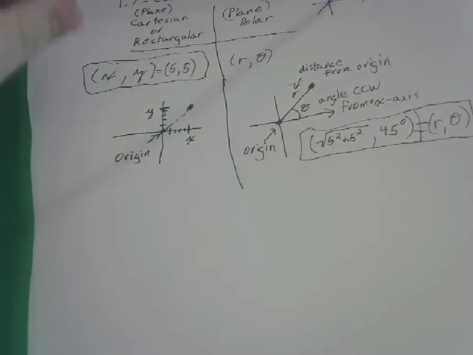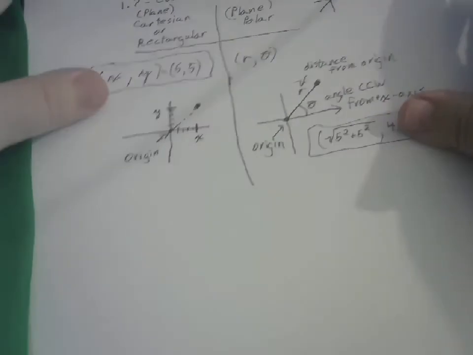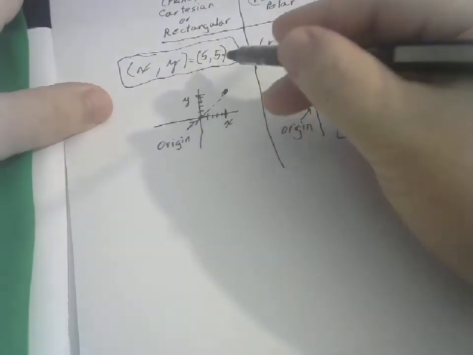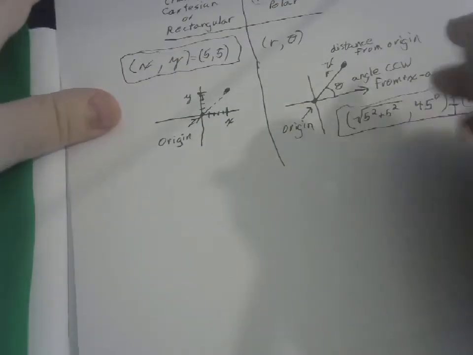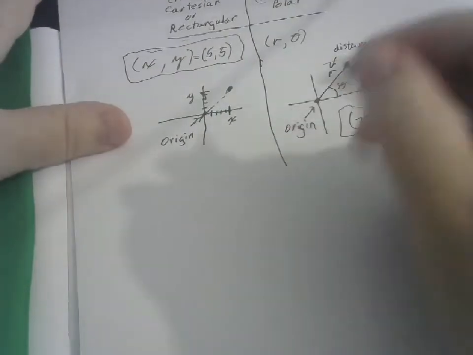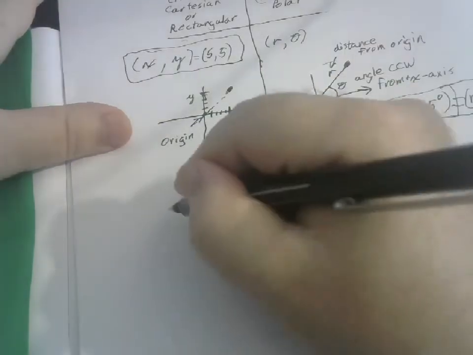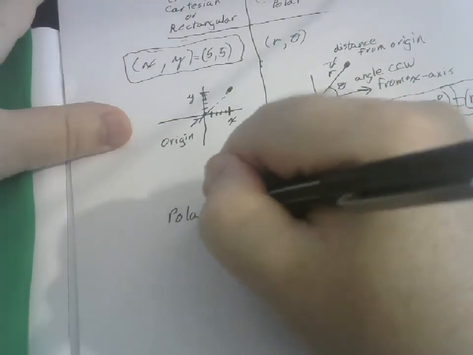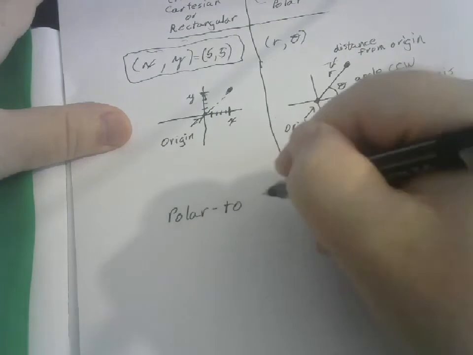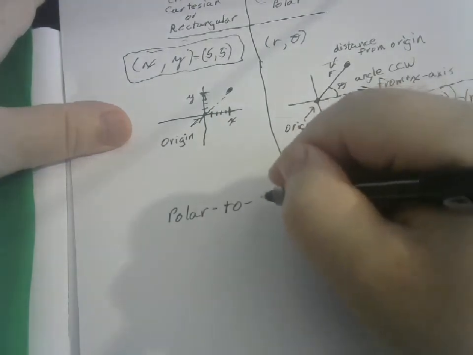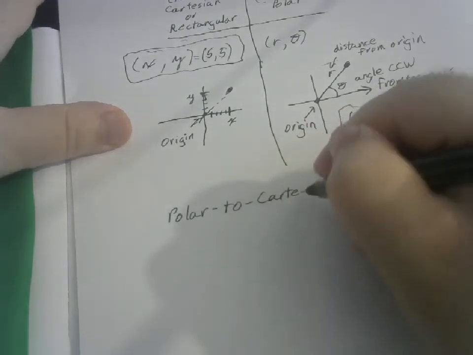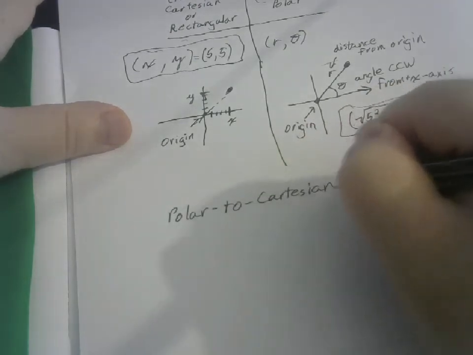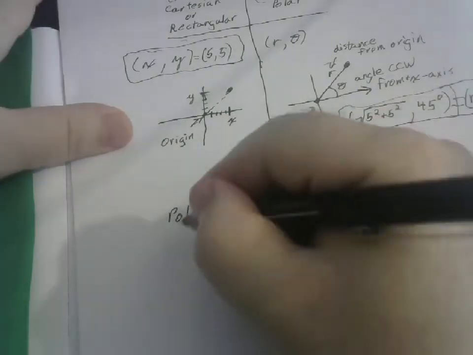So let me tell you how to convert from the Cartesian coordinates to the polar coordinates, and then how to convert the other way. Actually, I'm reversing my order. I want to do polar to Cartesian first, because this one is a little bit easier. It's pretty straightforward.